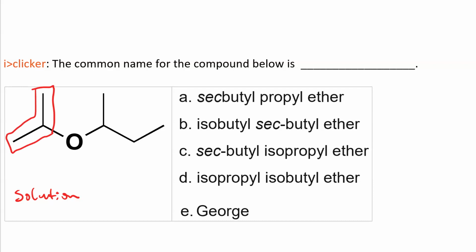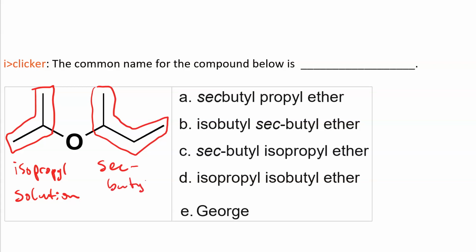So that is an isopropyl. That is a sec-butyl. B before I. So, sec-butyl isopropyl ether.